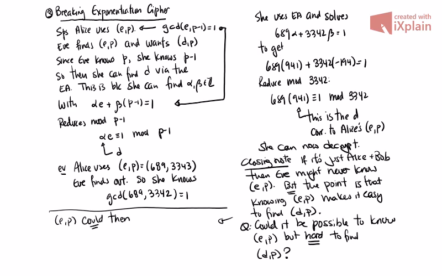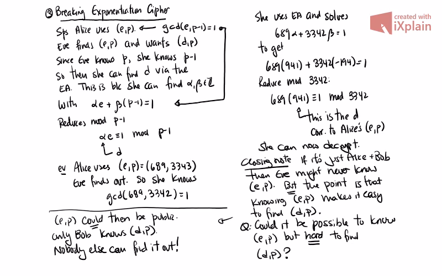Not in this situation, but in an ideal situation, this could be public, and only Bob knows D, P. Nobody else can find it out without a lot of work, because it's hard work. So this is what we'll look at next, and that's related to public key cryptography.